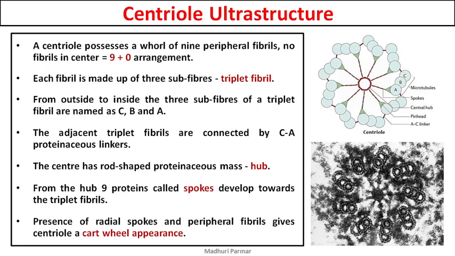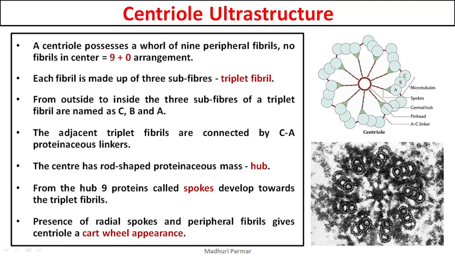Now let us look at the centriole ultrastructure. How does a centriole look if you cut it and look at it under a microscope? This is how it looks under an electron microscope. Can you see how pretty it is? It has microtubules arranged in a wheel shape, which is why it is said to have a cartwheel type of appearance.